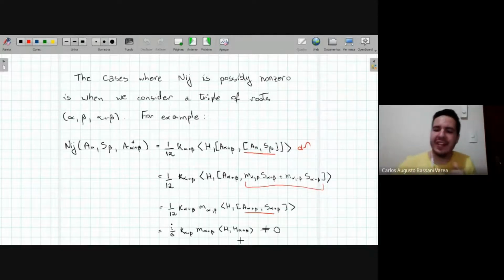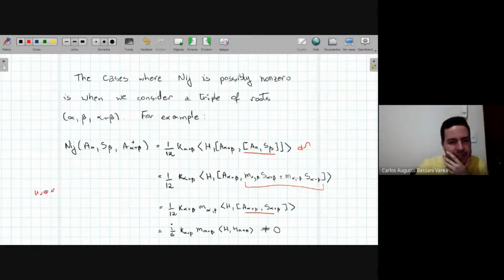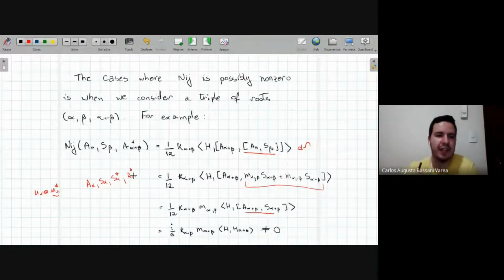So the idea is to compute all the possibilities between the basic elements for triples of roots alpha, beta, and alpha plus beta. The spaces U alpha and U alpha star are generated by these elements here, these 4 elements for each root.